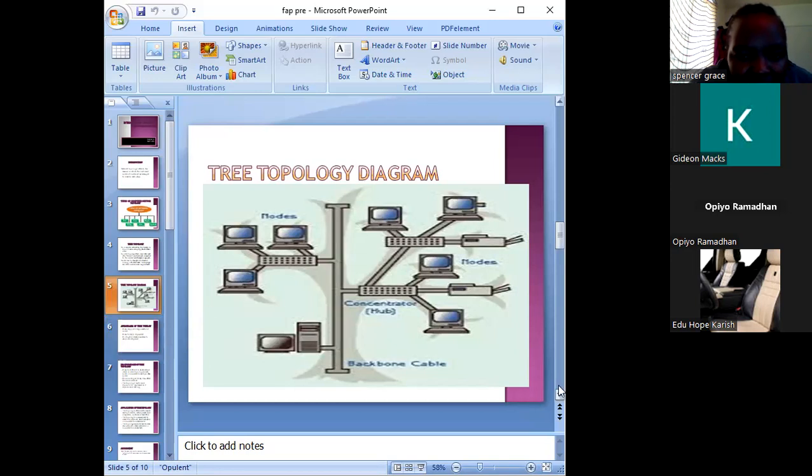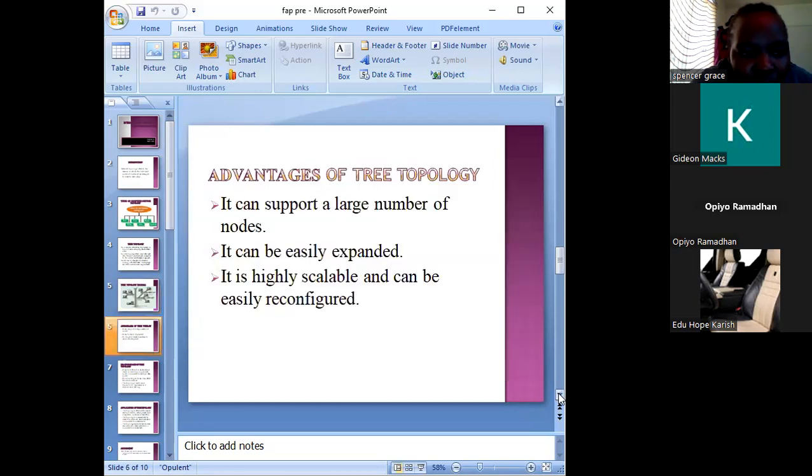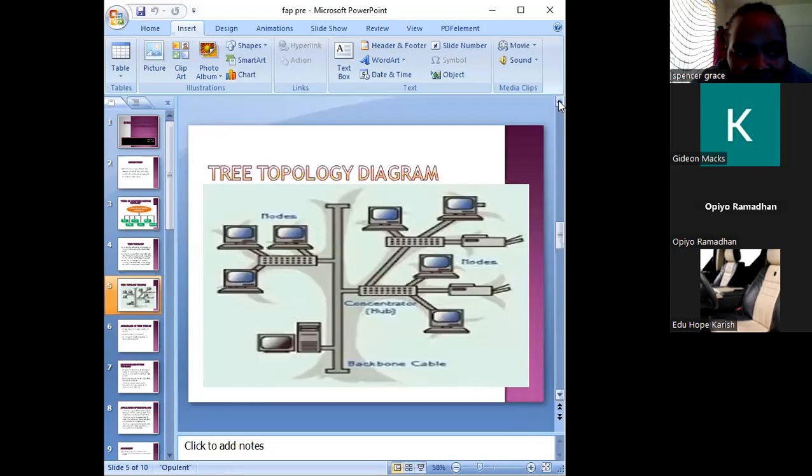Since we have known what is tree topology, I want you to contribute on advantages of a tree topology. Eric, one advantage of tree topology.